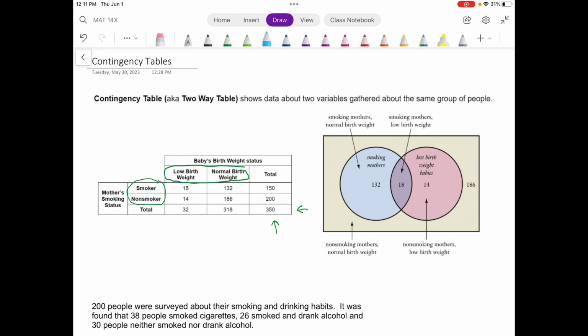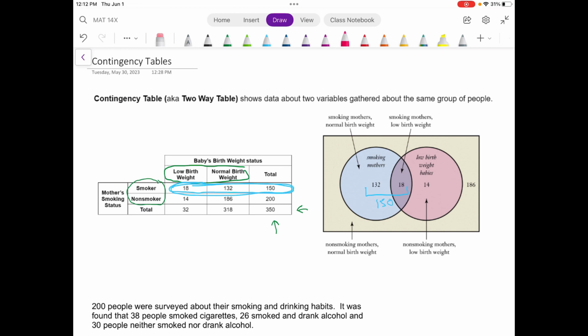So if I were thinking about that on the two-way table here, that would be this row right here. And so we're focused on those 150 total smokers. And if you notice, 132 plus 18 would total 150. So there are 150 in that blue circle.